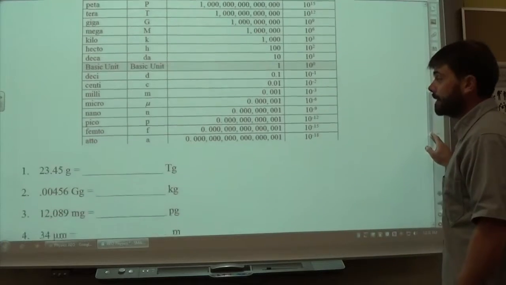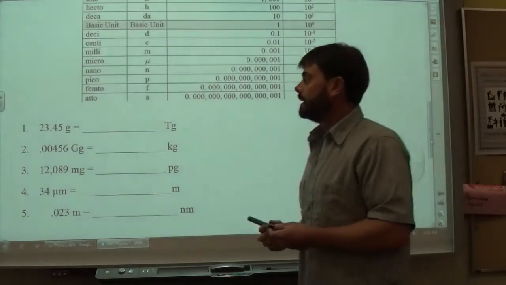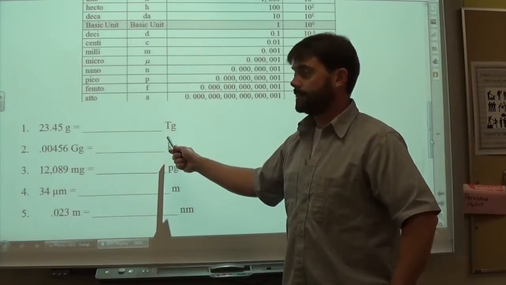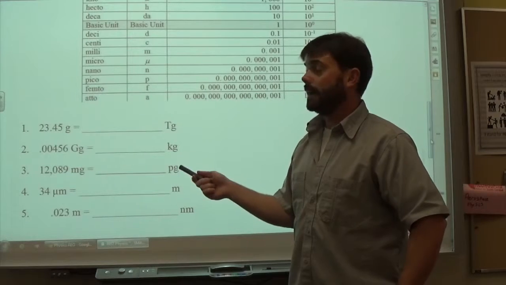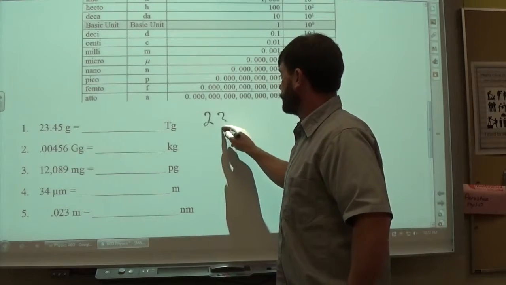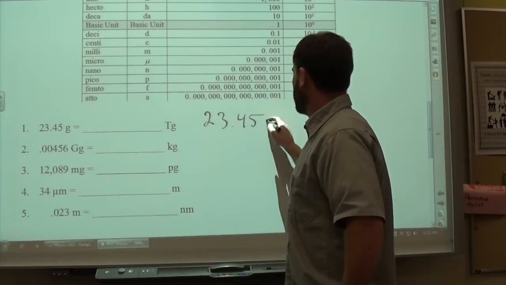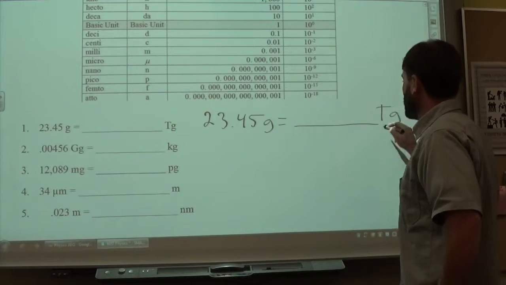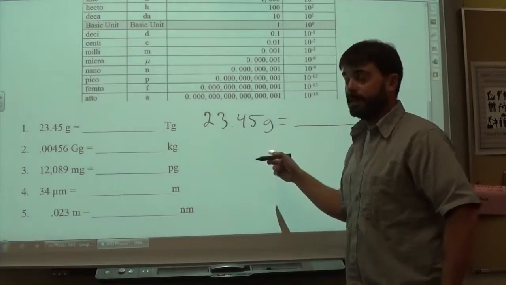The method that I found works good is you take a look at where you start and then look at where you're finishing. And I'm always going to list the value of the exponent of where we start and where we finish. So if I start here with 23.45 grams, and I'm trying to convert this to teragrams, I start out at gram, which is a base unit.